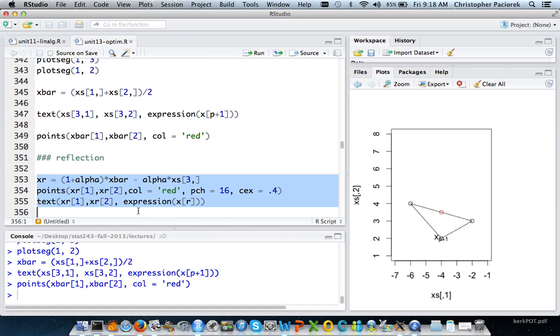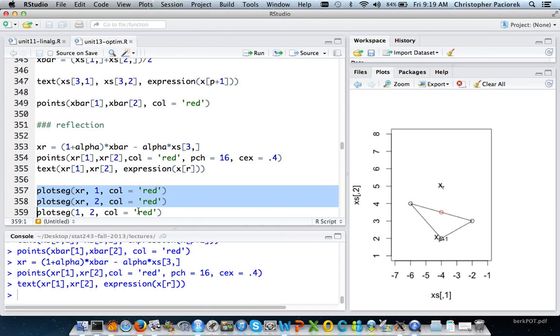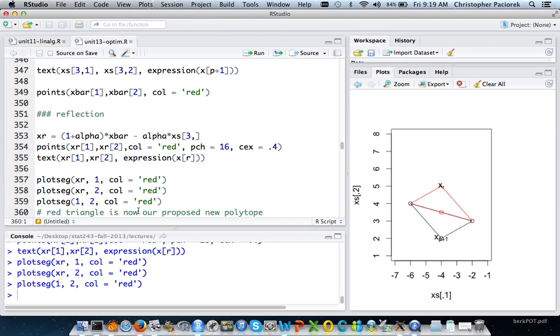And that reflection is based on one of those tuning factors, in particular this tuning factor alpha that says how far to reflect across. Once I do that, I'm going to get this new point that I'm going to call xr, and that's going to define a new triangle, the red triangle. And the idea is I see how f of xr compares to f of x_{p+1}.